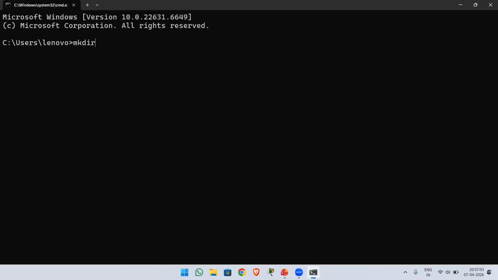After you have created the folder, for viewing it you need to run the ls command, the list command. These are the commands you need to use for doing all these things. These are operating systems where you compulsorily need to write commands for any type of operation. That is the CLI based operating system, right?